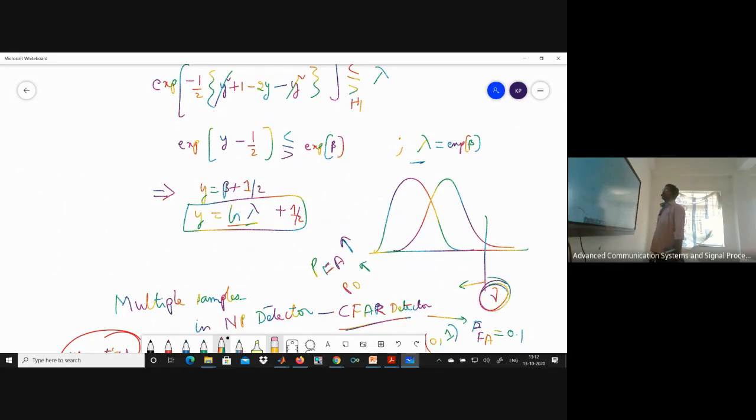Here, ln of lambda plus 1/2 should be equal to the threshold you are going to get. For 0.1 it was found to be 1.29. So it's not required to calculate ln of lambda here.